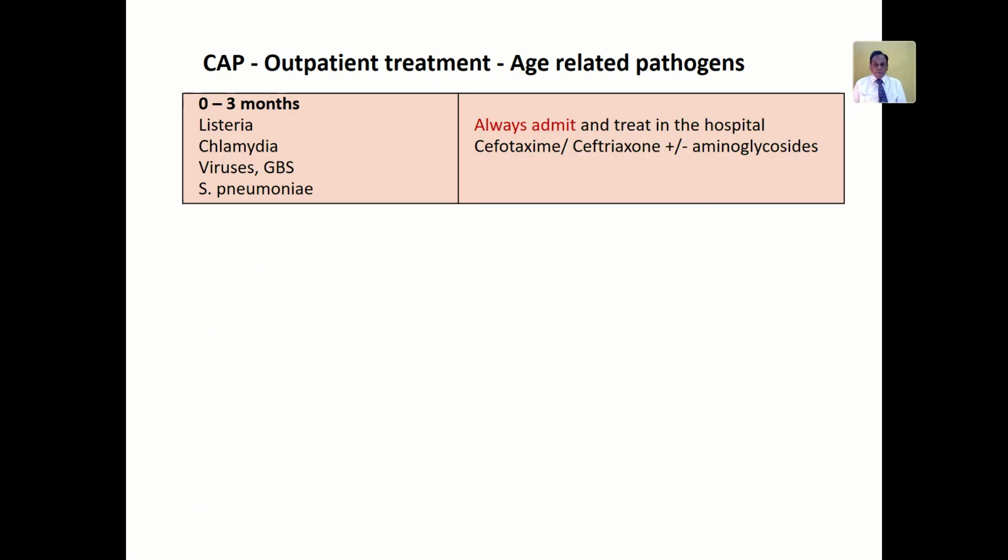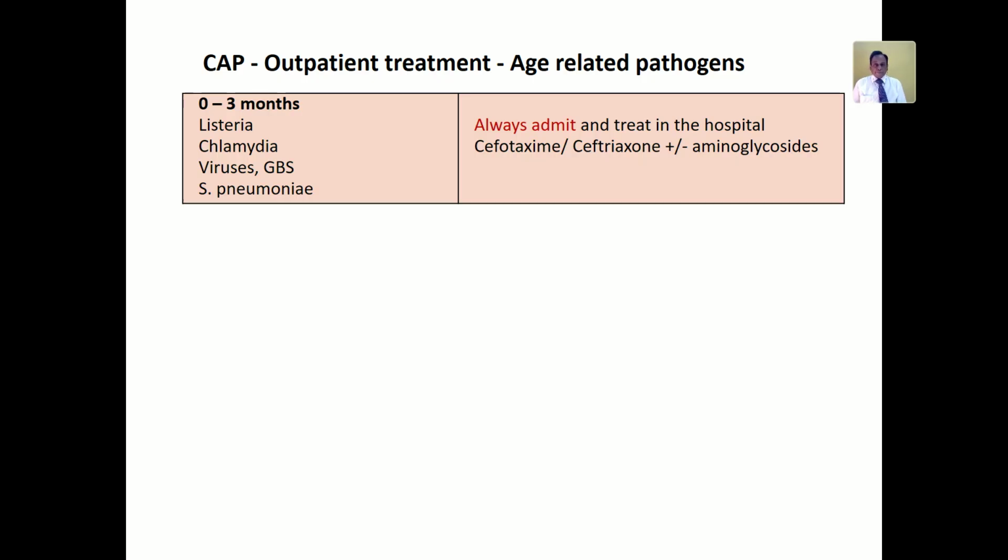When a child develops pneumonia, especially below 3 months, we don't treat the child as an outpatient, because the child may die very fast and may require IV antibiotics. So immediately refer to the hospital for admission, and the child may benefit from either cefotaxime or ceftriaxone along with aminoglycosides.